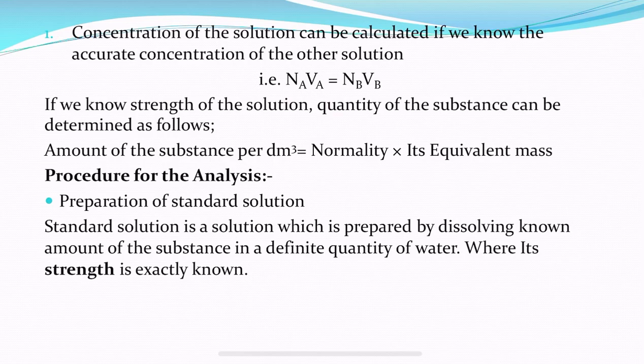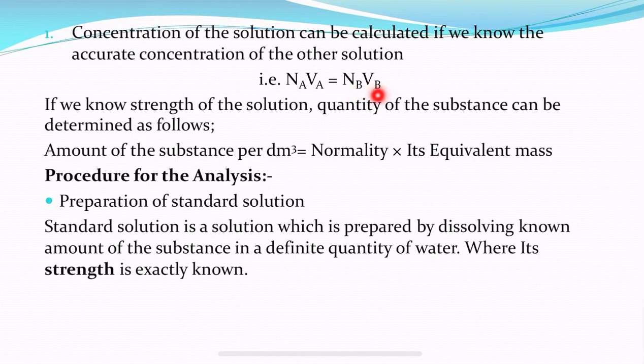We should know the concentration of any one solution. For example, if we know the concentration of solution A, represented in terms of normality, and also the volume consumed by solution A, we can calculate the normality of solution B.